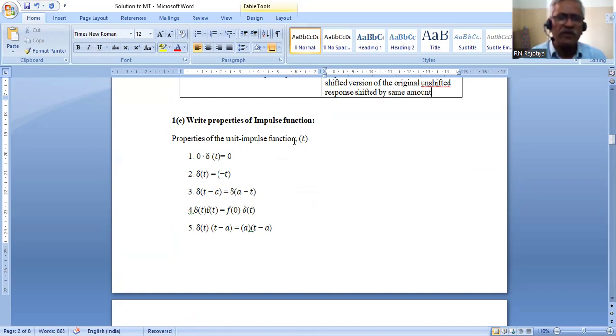The different properties of the unit impulse function are: 0 · δ(t) = 0, δ(t) = δ(-t), δ(t - a) = δ(a - t), δ(t) · f(t) = f(0) · δ(t), and δ(t) · f(t - a) = f(a) · δ(t - a).